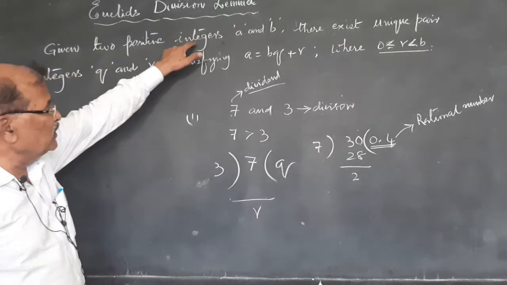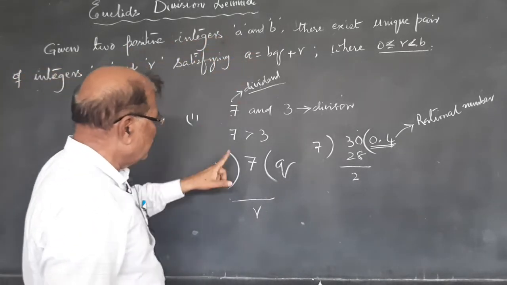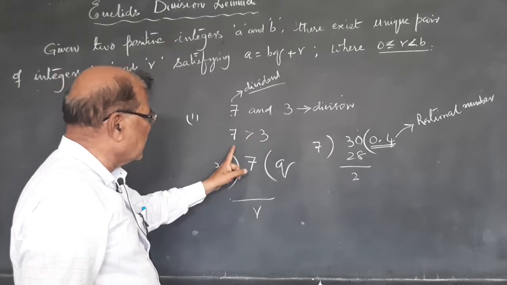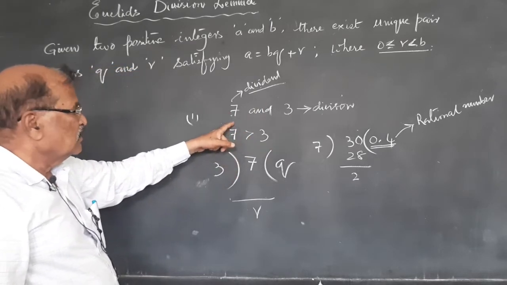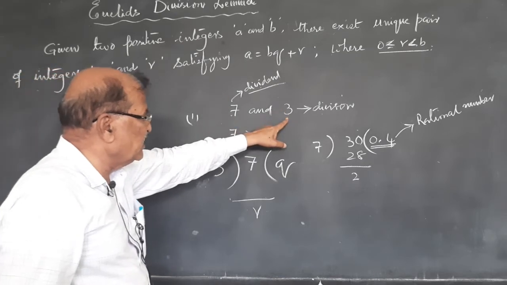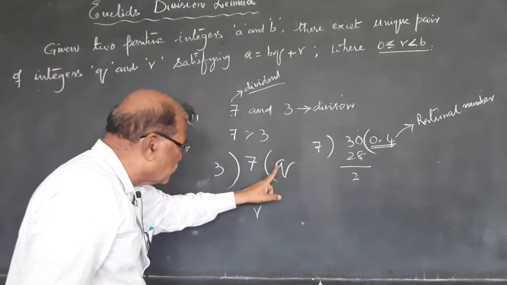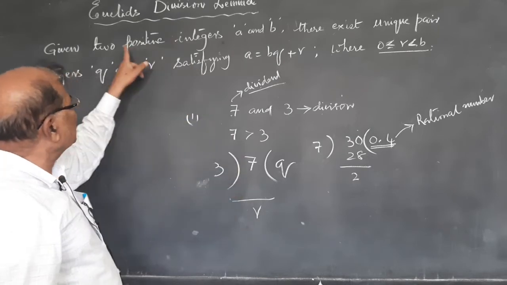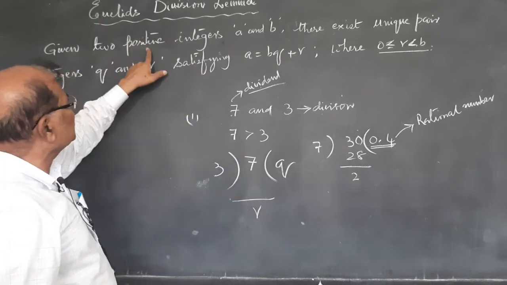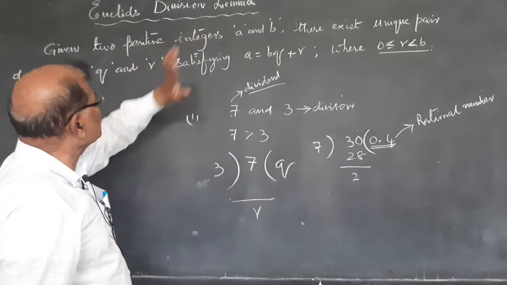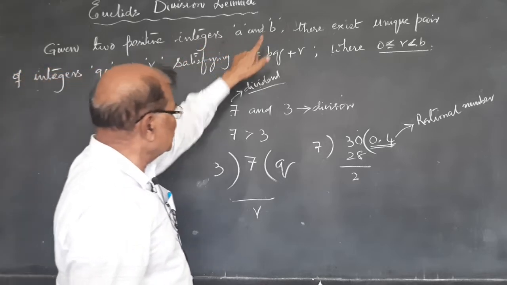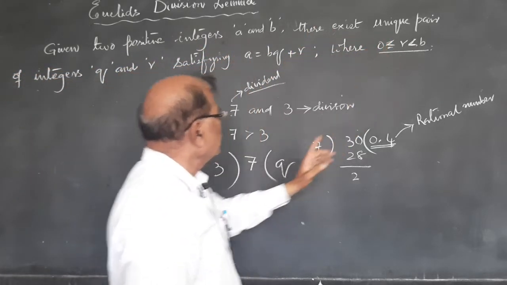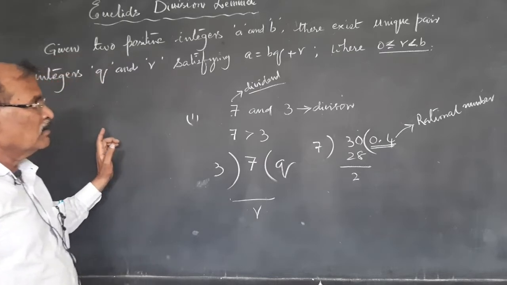So two positive integers A and B, for example 7 and 3. 7 and 3 doesn't complete the division. When 7 is divided by 3, we must get a quotient and remainder. Euclid clearly says in this division lemma, for two positive integers A and B, just like 7 and 3, there exists a unique pair.